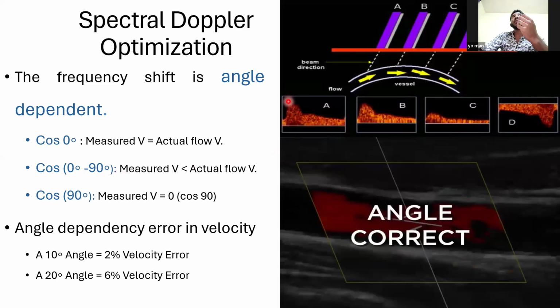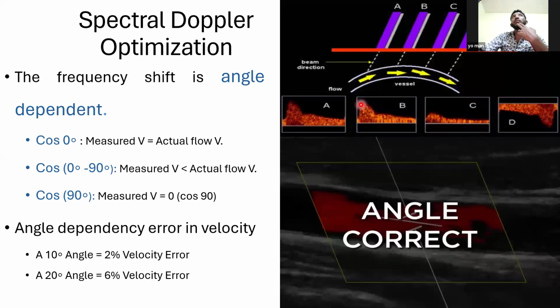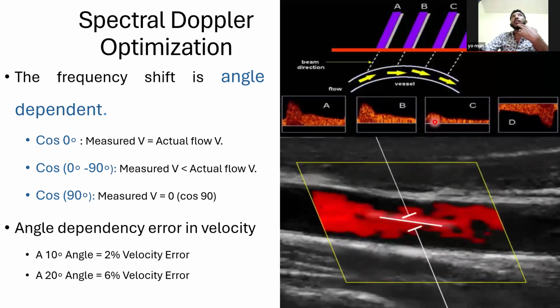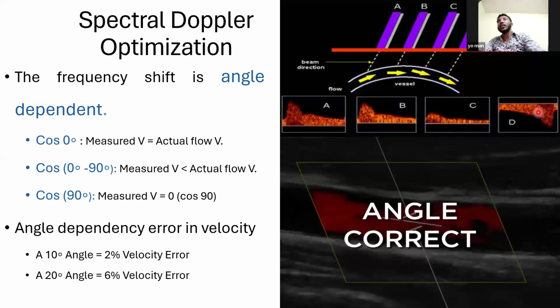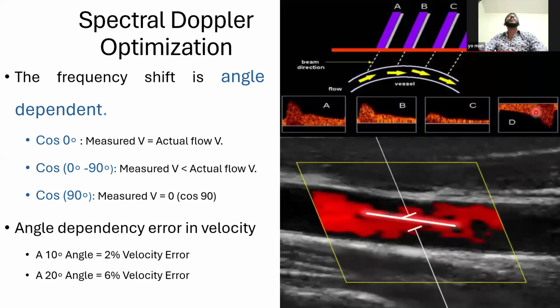You see there is a high velocity compared to this, and it begins to decrease. In C, it is decreased even more. Then in D, there is a reversal in directionality. The flow within the vessel goes in a different direction, away from the transducer. That's why we get a flow signal below the baseline, a negative frequency shift.